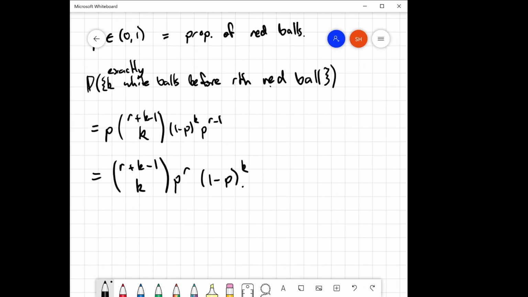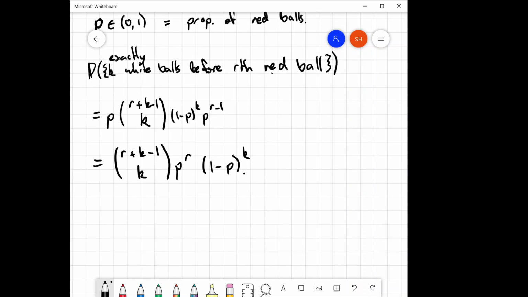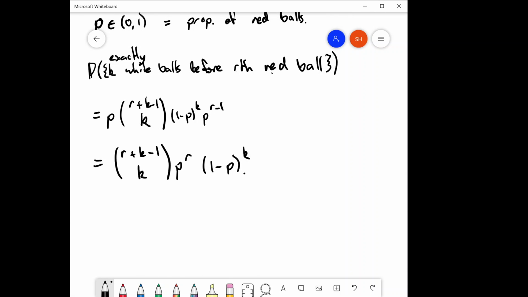Now, this is what we would like to call the negative binomial distribution. It's also known as the Pascal distribution, but we do actually need to check that it is a distribution. So we'll give it some notation.